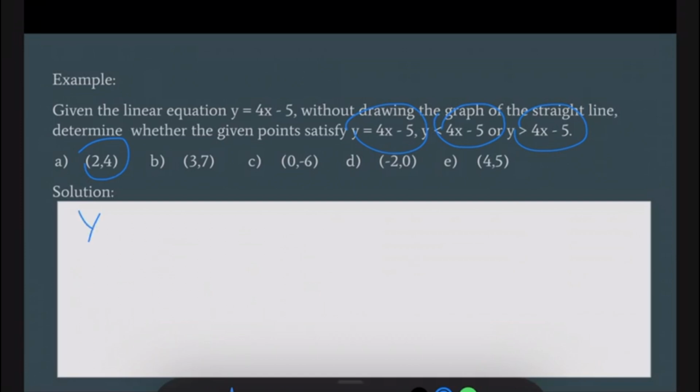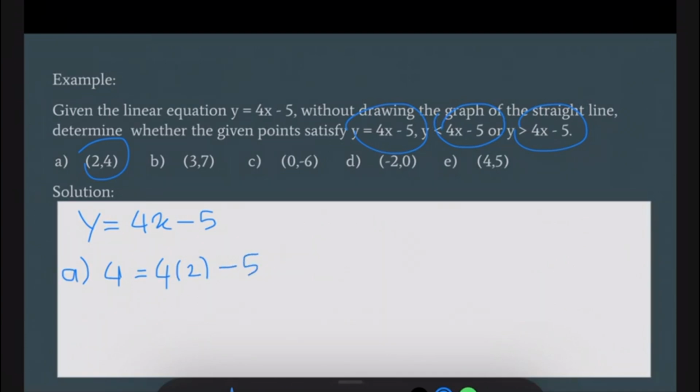So the equation they give is y equal 4x minus 5. So this is the linear inequality that has been set in the question. For A, as we can see, the y-axis is 4, and then we put that for y, and then the gradient is 4, and also the x-axis is 2, minus 5.